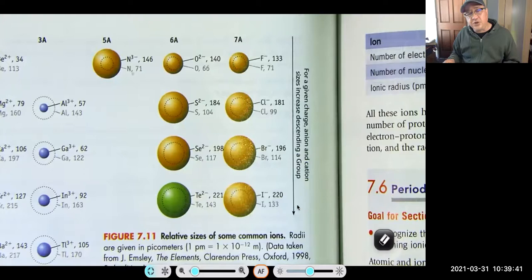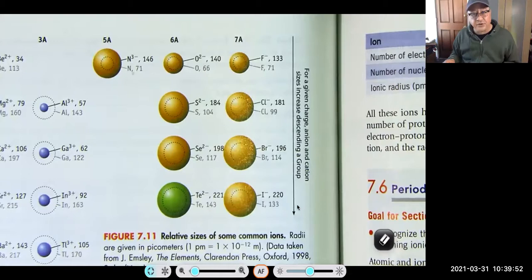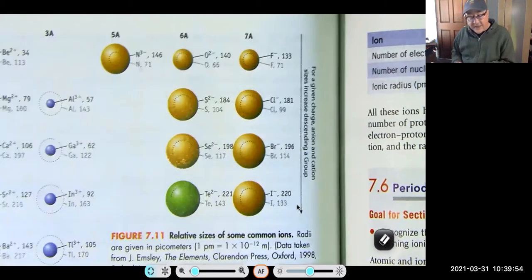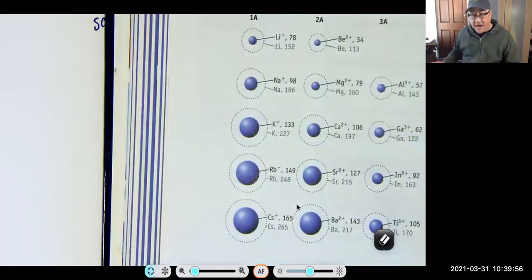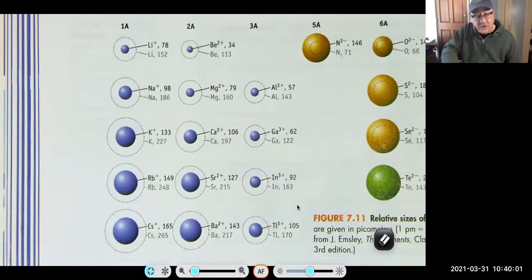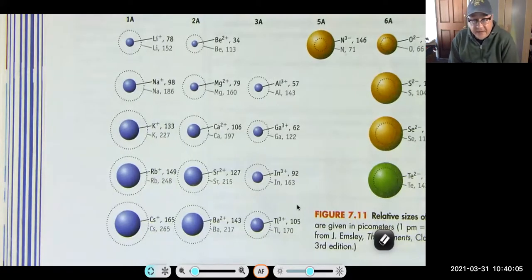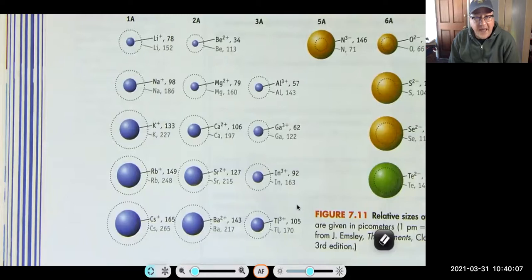What do you think you should know about the radius of the anion versus the neutral atom? The anion is larger. That's correct. That's what you should know. And if we take a look at the cation, can you see how it's the opposite case? The more bold number is the ion radius, and the faded type is the neutral atom.